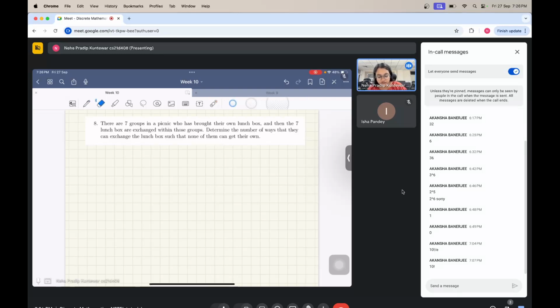So let's say there are seven groups, G1, G2, up to G7, and there are seven lunch boxes, L1, L2, up to L7. So what is the total number of ways in which we can distribute seven lunch boxes to seven groups?